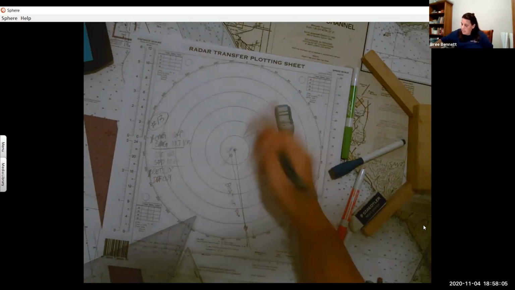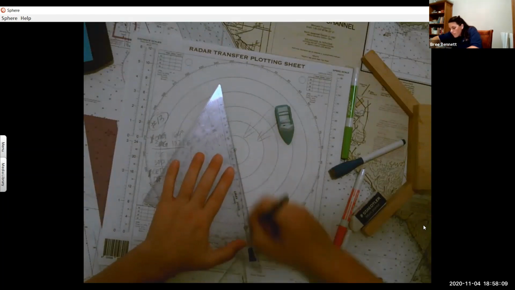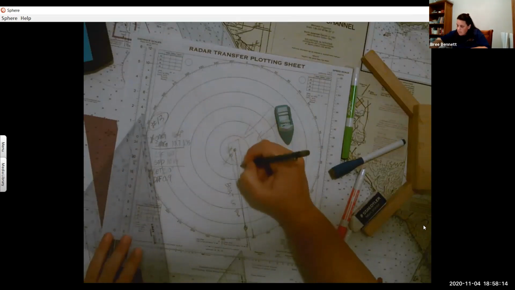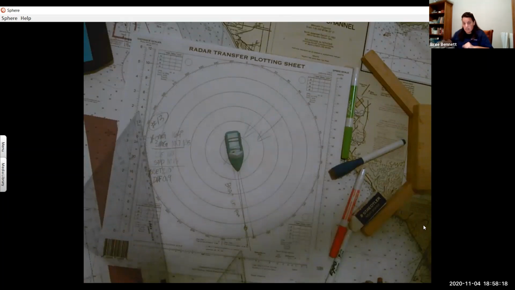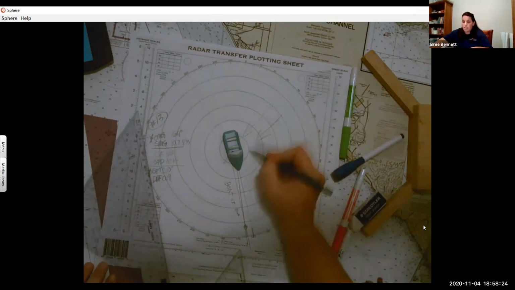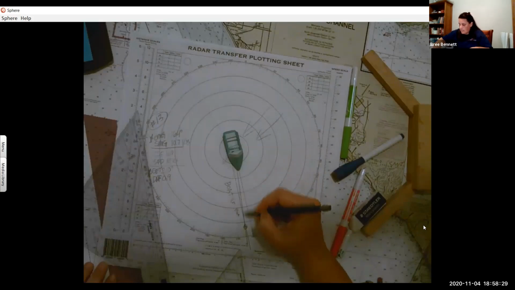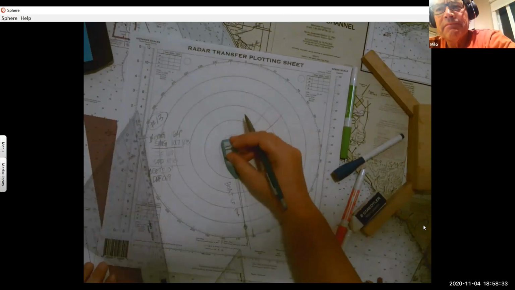So let's make it so we have our 160 on here too. Okay, so this is my boat's heading, 160. Right, this one right here. And the current is pushing me this way, so my made good line is this one. So it's pushing me. I'm not compensating for it.